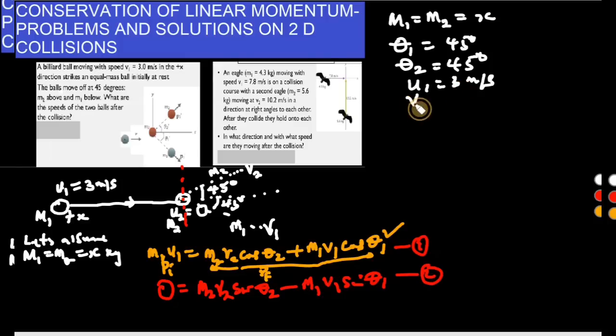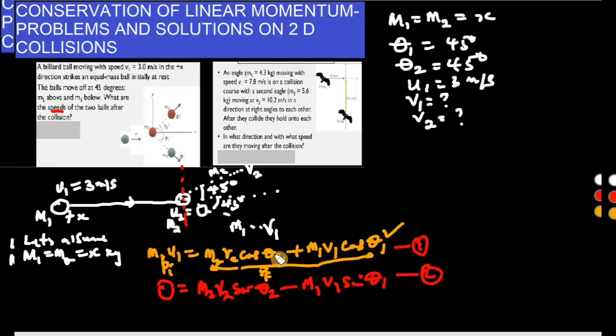The final velocity for the first ball wasn't given, and the final velocity for the second ball wasn't given. So we look at the question: what are the speeds of the two balls after collision?